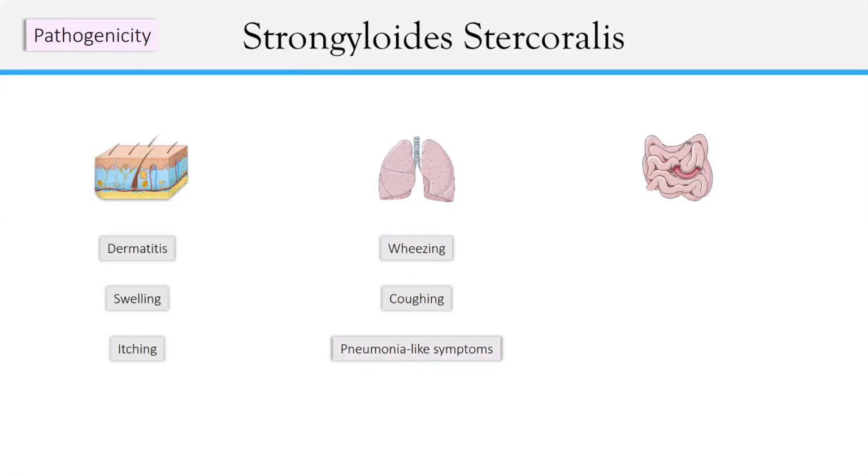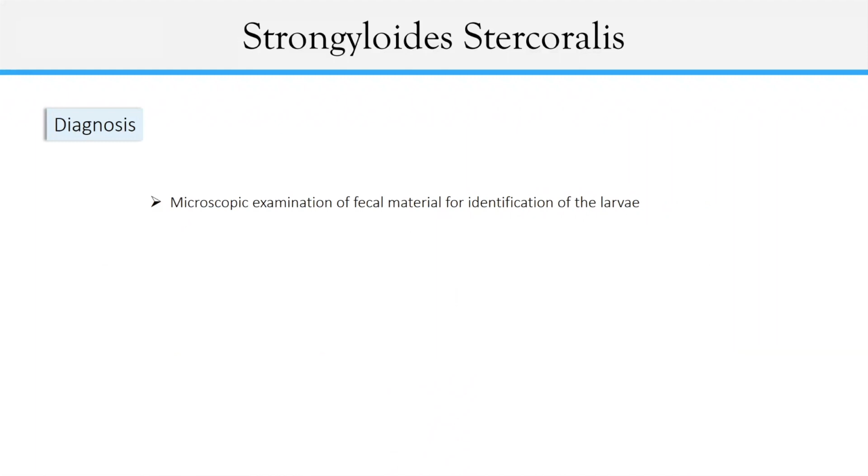Clinical symptoms associated with the presence of parasites inside of the intestine may be represented by vomiting, diarrhea, constipation, abdominal pain. Microscopic examination of fecal material should be done for identification of the larvae, not eggs, but larvae. In order to prevent this pathology, it is important to protect the skin from contact with contaminated soil.